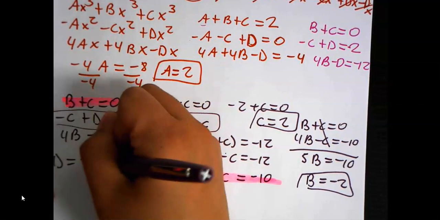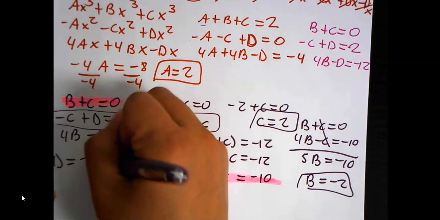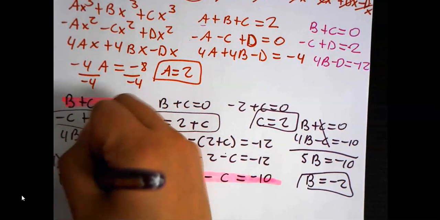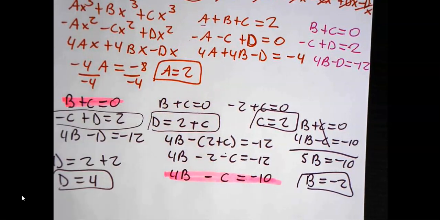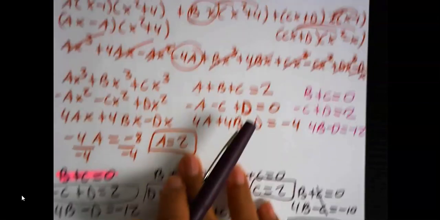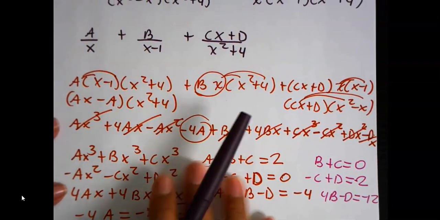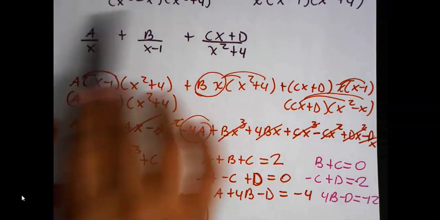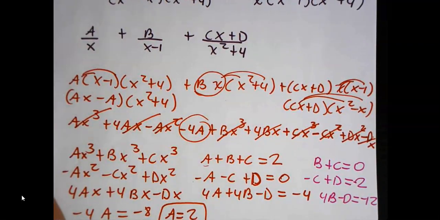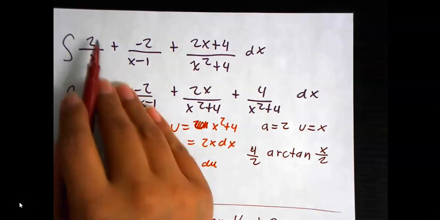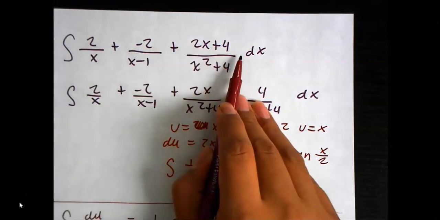D is equal to 2 plus C, C is 2, so D will be 4. Okay, I'm going to plug my A, B, C, D into this one right here. Give me a second to write it. Okay, so this is A, B, C, D.